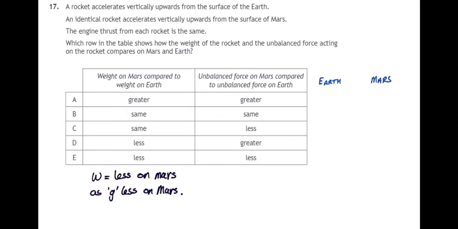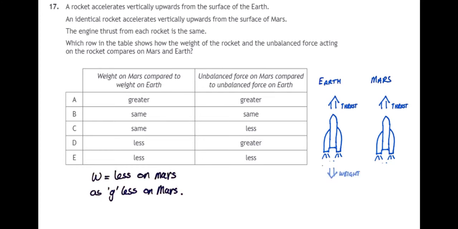Well, if we think about Earth and Mars, and we've got this identical rocket with an identical thrust, on Earth, the weight is large. On Mars, the weight is less.